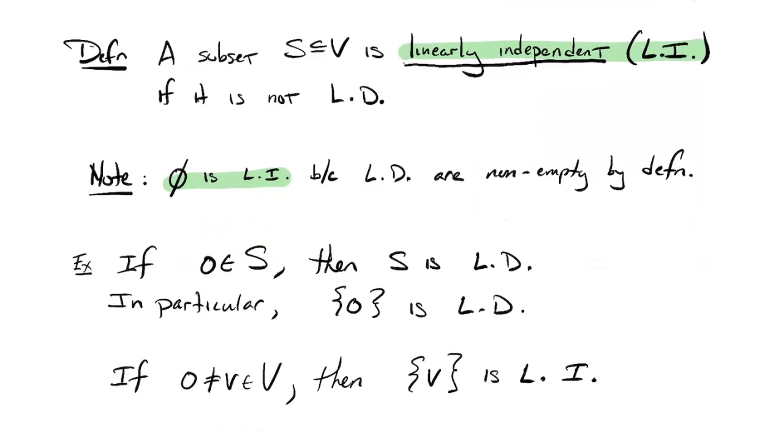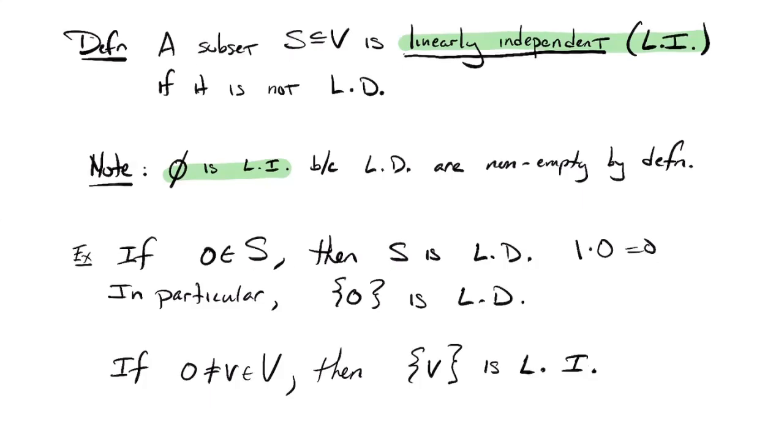If 0 is in your set S, take the scalar 1, or any scalar you want, and multiply it by 0. That's a linear combination of elements in S, and it equals 0, but the coefficients aren't 0. So if 0 is in your set, then your set is always linearly dependent. So if we have a linearly independent set, we never have 0 in it, is another way to say that. The singleton set containing 0 is linearly dependent.